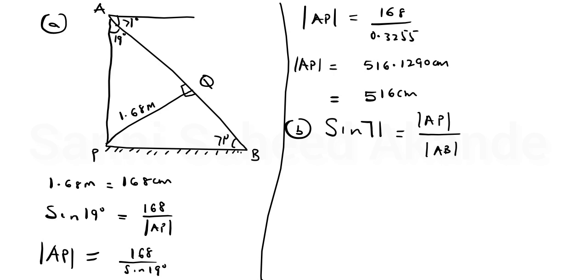Understood? So now let's plug in the parameters. Line AP is 516 centimeters divided by side AB that I am told to find. Then making side AB the subject of the formula, I will have it to be 516 divided by sine 71.